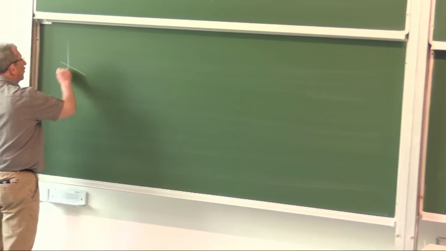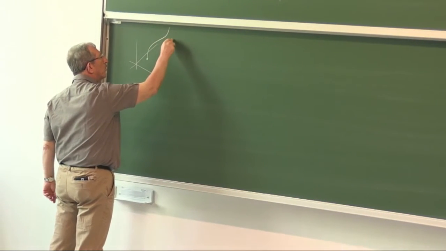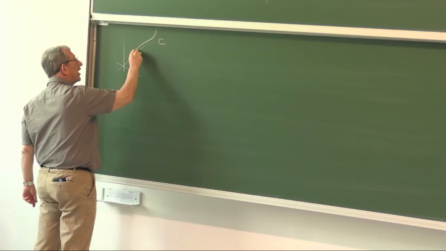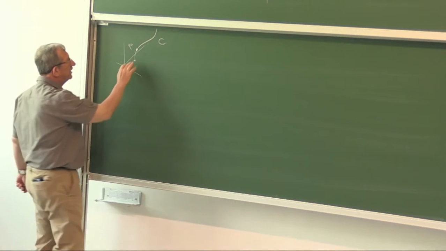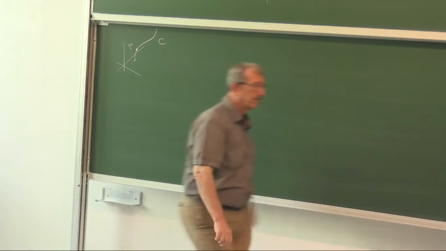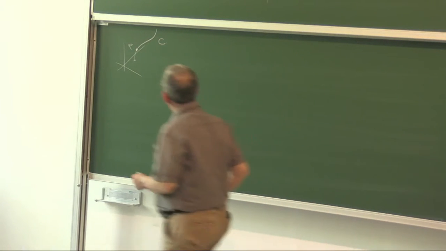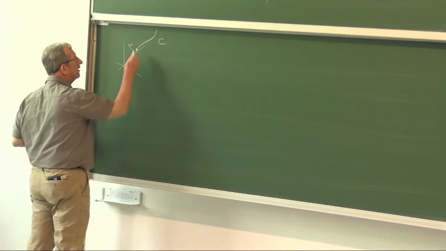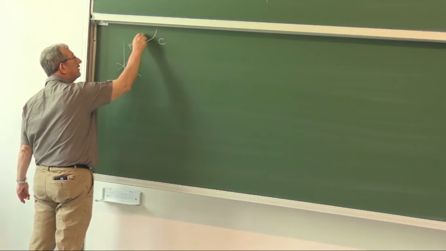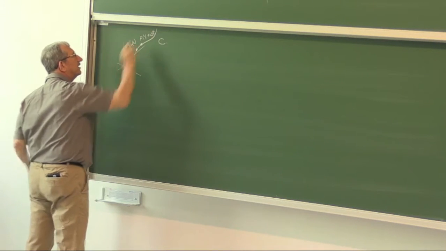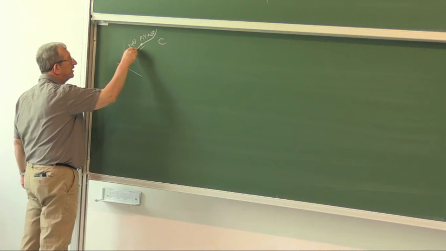We are in space and we have a curve C, and we have a point moving on it. This means that we have a movement from P of t to P of t plus delta t, but these are vectors. So we consider two vectors here.